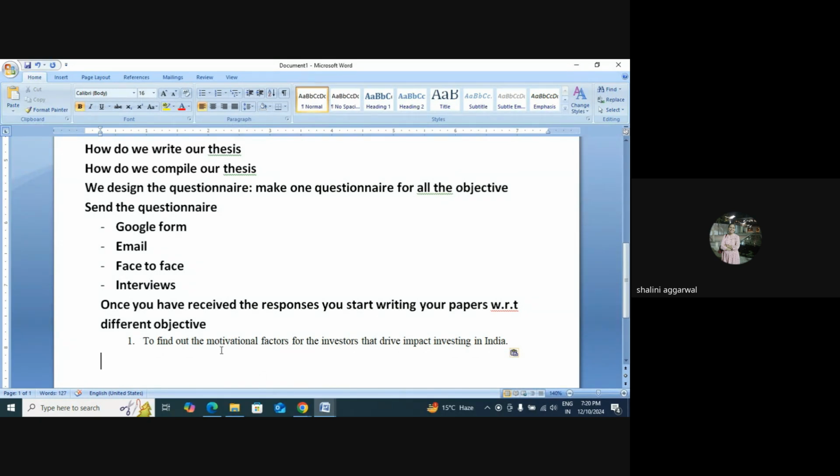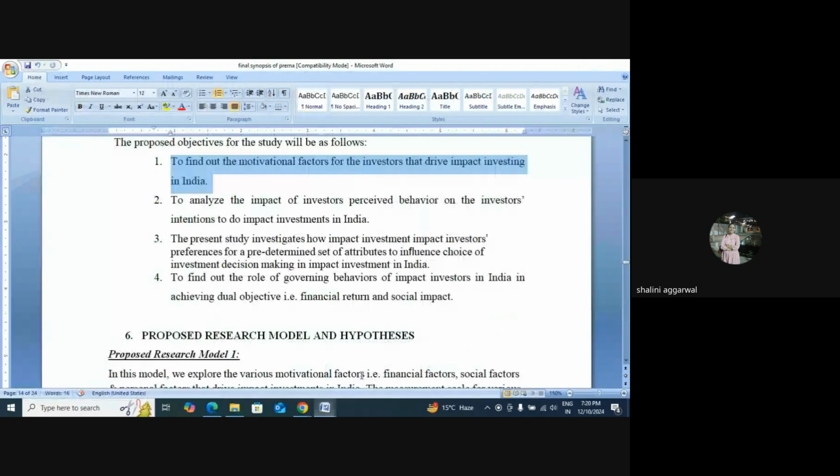Whatever objectives you have, you can make as many papers as the number of objectives. If you have 4 objectives, you can write 4 papers. If you have 5, you can write 5 papers. If you have 6, you can write that many papers.